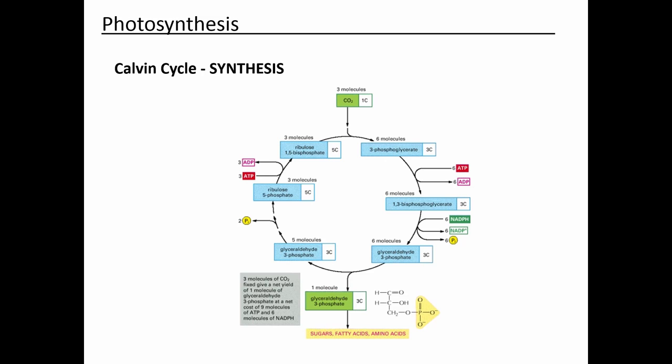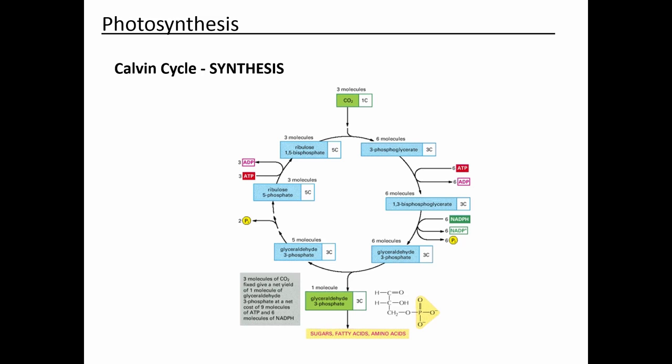Okay, so this stage is going to require energy in the form of ATP. So remember, we made ATP during the light reactions, and it's specifically required in this second stage. Also, given the name reduction, you're reducing an organic molecule, so you need electrons for that, and you're going to use the NADPH that you created in the light reactions.